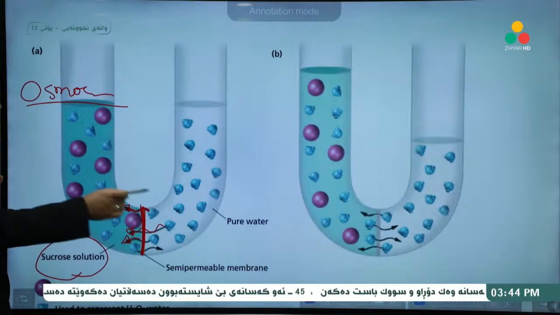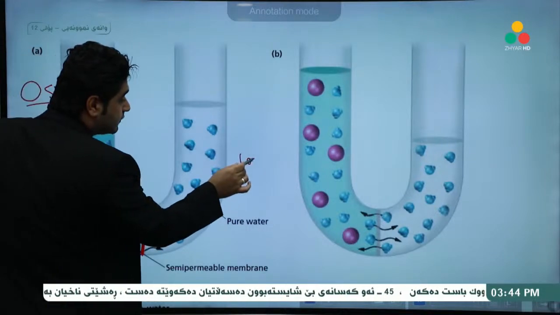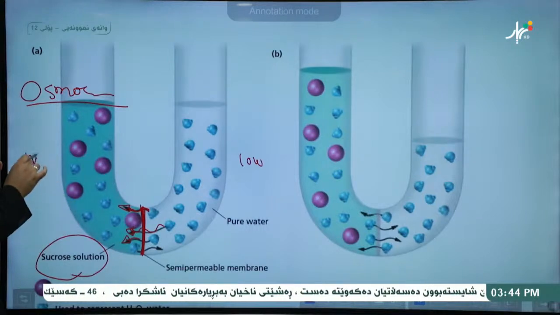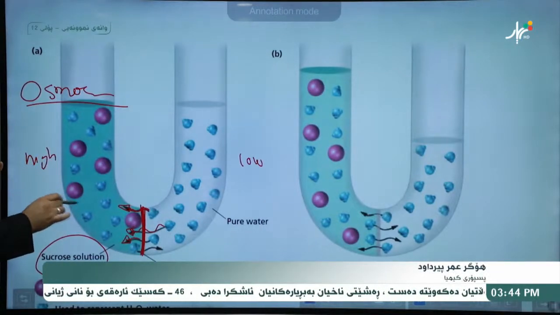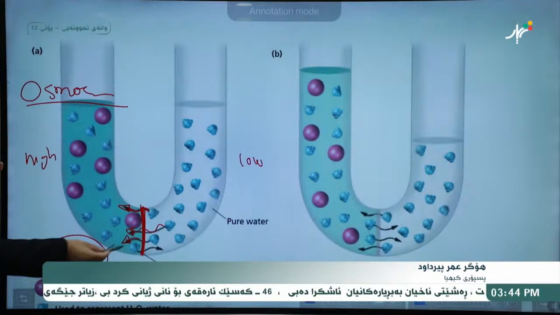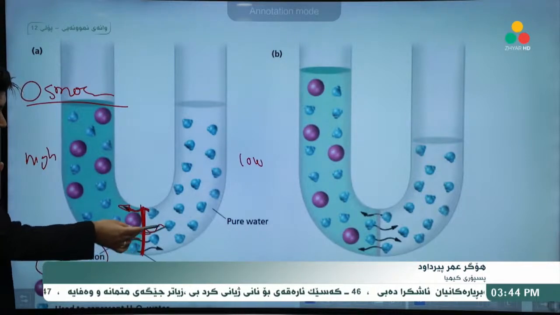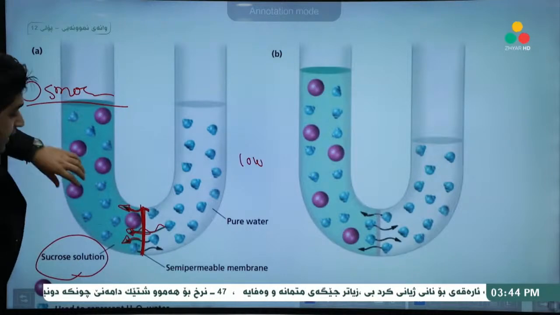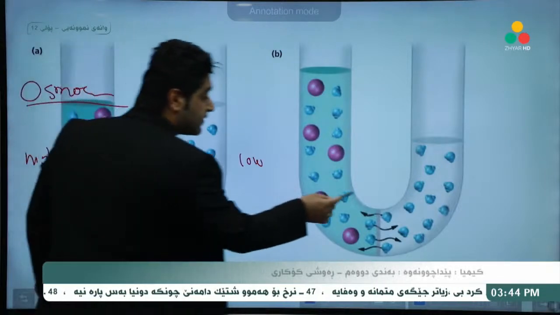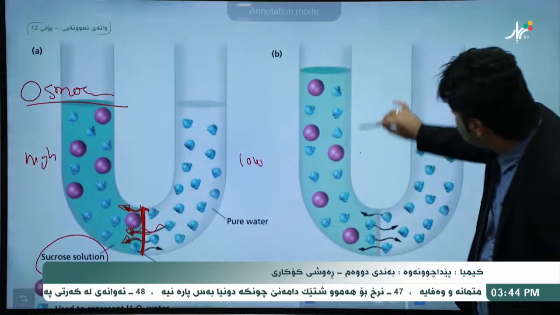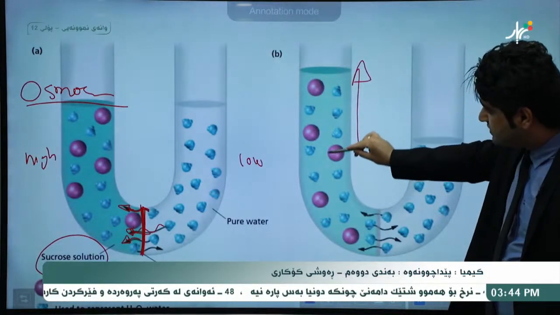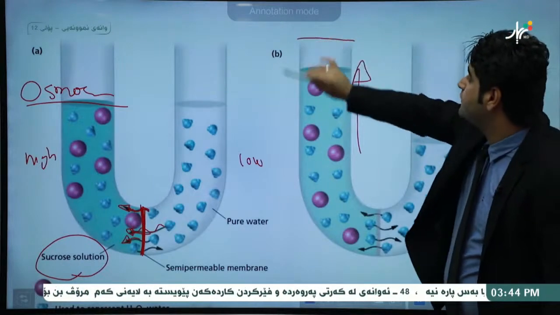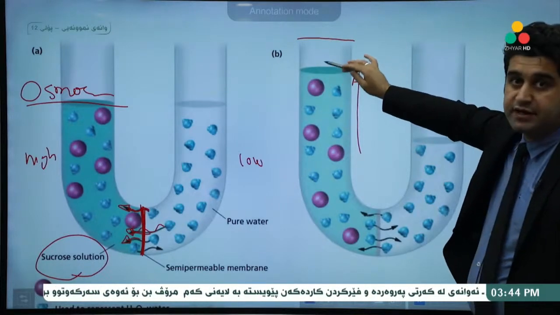From where to where? From a low concentrated solution to a high concentrated solution. So what will happen when water molecules pass through this membrane? It will receive water, so immediately there will be a rise of volume because it receives more water molecules. But because of the rise, it makes a pressure.